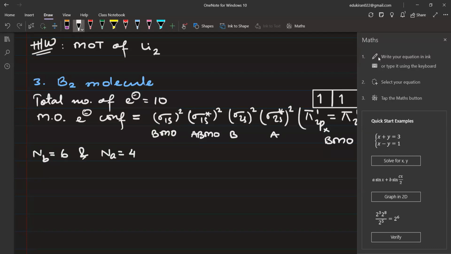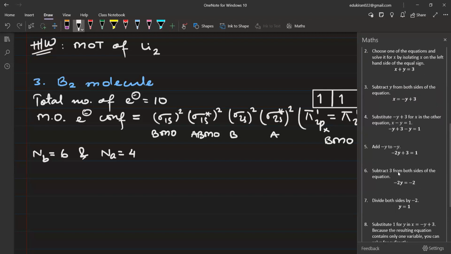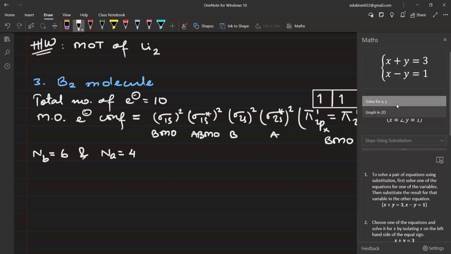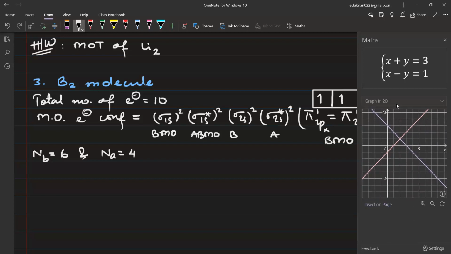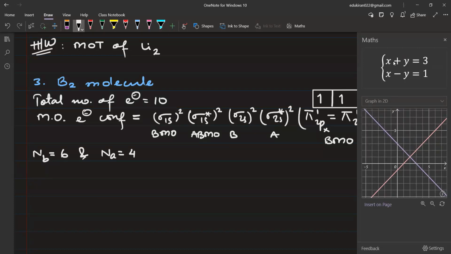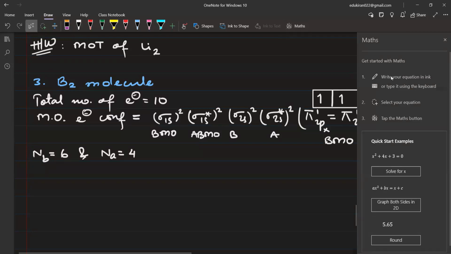Solve for x. ग्राफ वगैरह है यहाँ पे, I can't do anything here. एक सेकंड थोड़ा रुकिए जरा, I have never seen. Write your equation in ink or type. Select your equation. Tap on the math button.